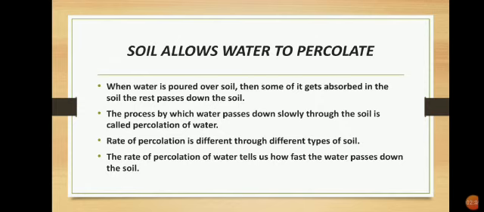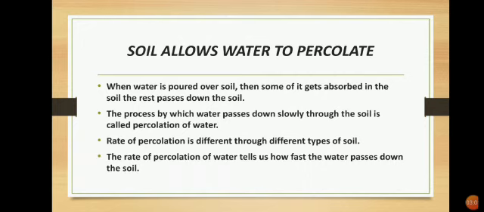passing down through the soil. Now, though water can percolate through all types of soil, through clay soil and through sandy soil, the rate of percolation of water is different in different types of soil. For example, the percolation rate of water in sandy soil is more, whereas in clay soil it is lesser.